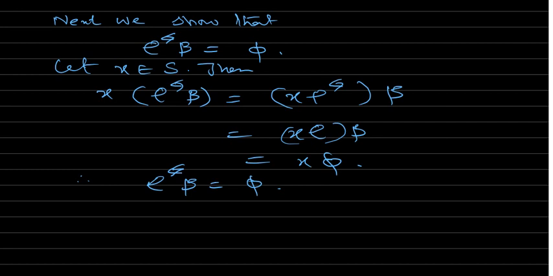Now we prove it's unique. Suppose there is another beta dash, which is a morphism and commutes the diagrams. Uniqueness of beta.